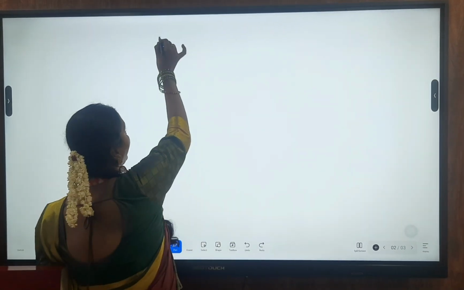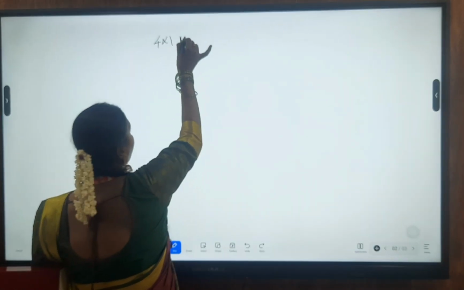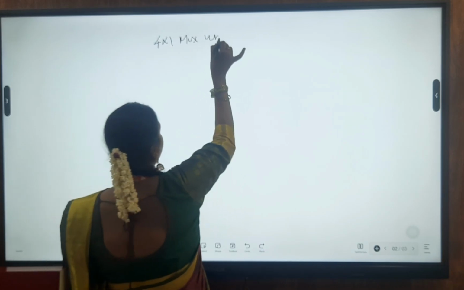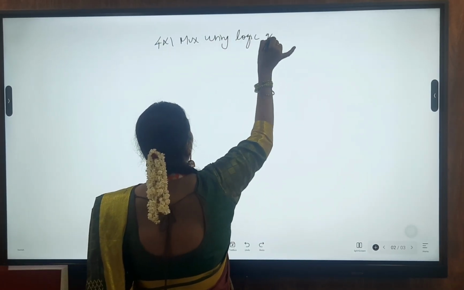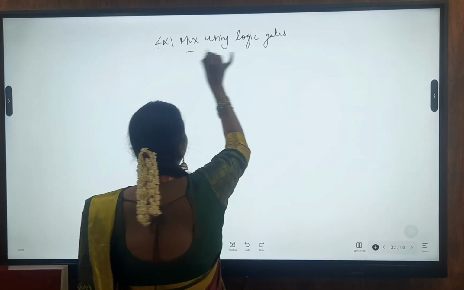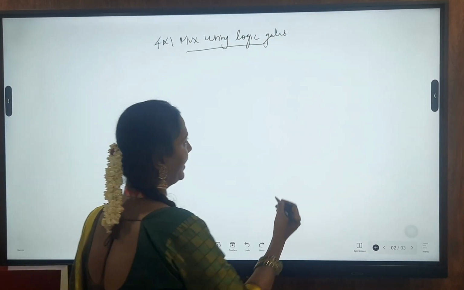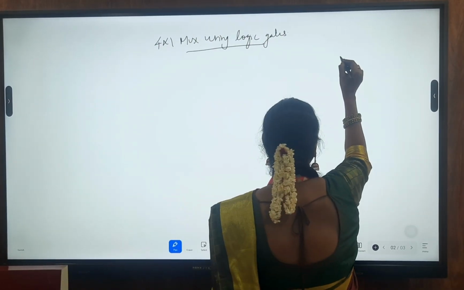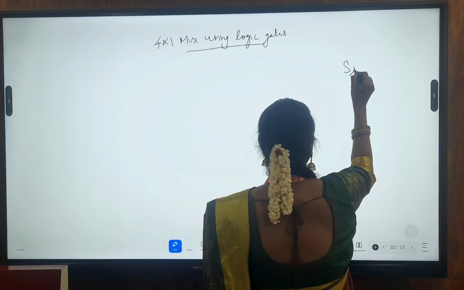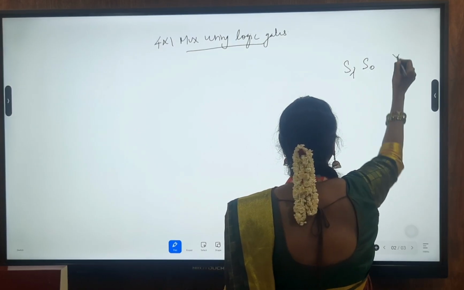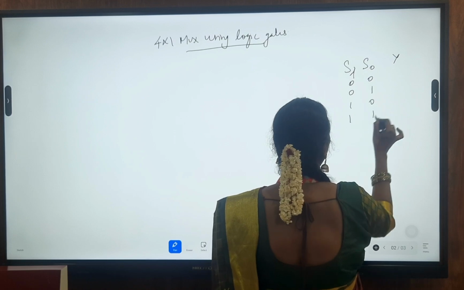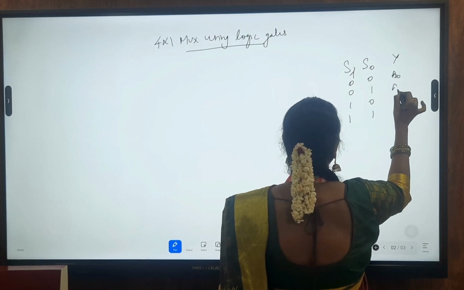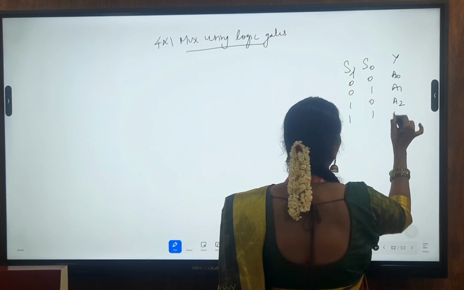Now we will implement the same 4x1 multiplexer using logic gates. The same truth table: S1, S0 and Y, with 0 0, 0 1, 1 0, 1 1 giving A0, A1, A2 and A3.